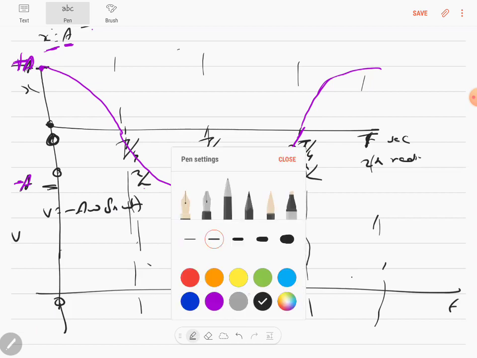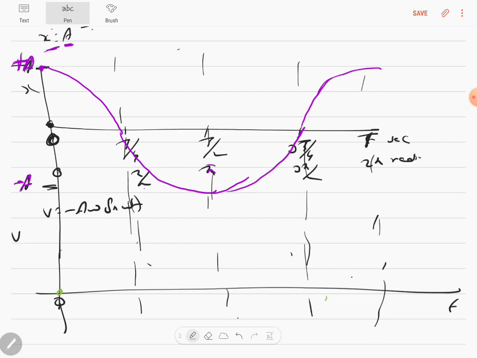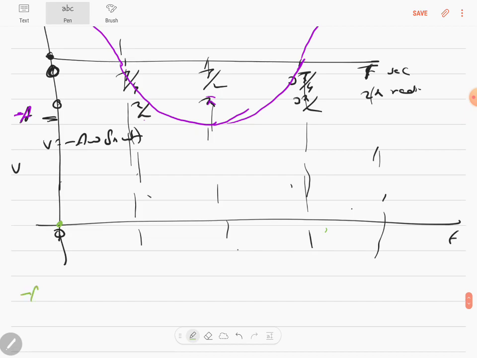Can I do it in green color? Yes. At 90, sin 90 is 1, so it will be minus a omega. You understand? At 0 it goes here, then here, then here, and then here. Are you clear? This is plus a omega, the maximum amplitude.